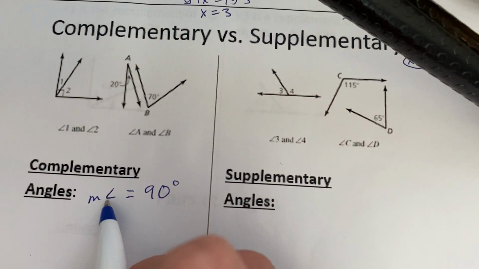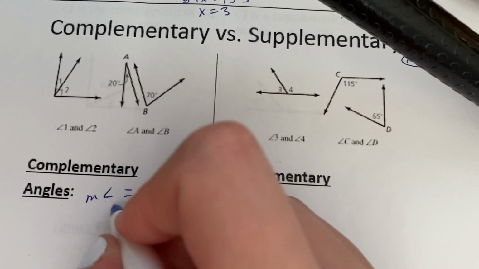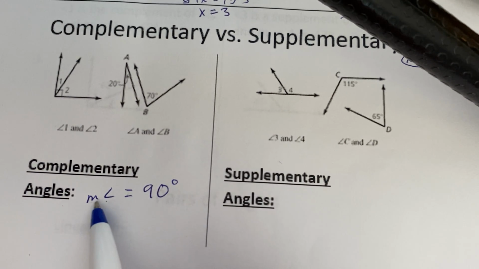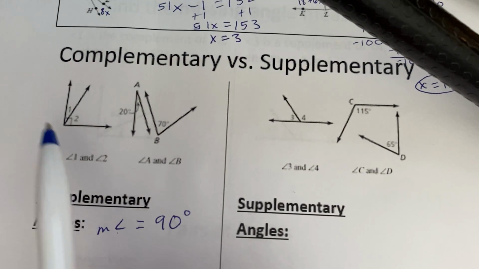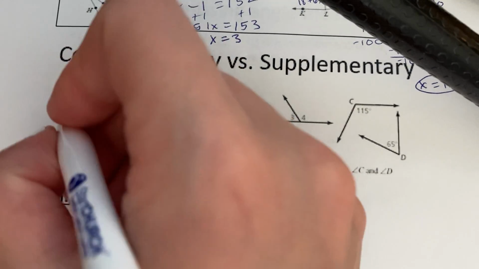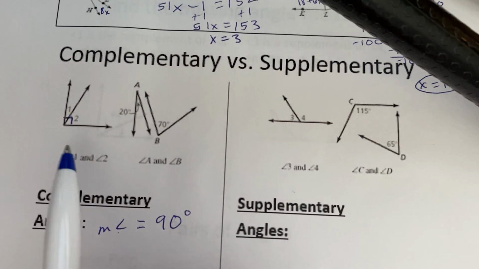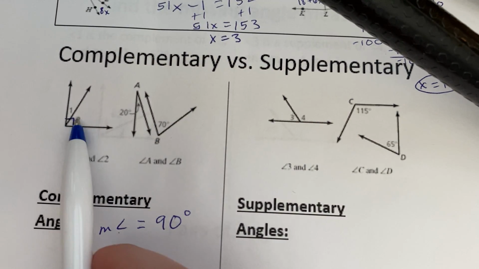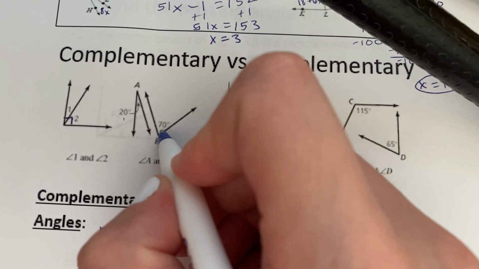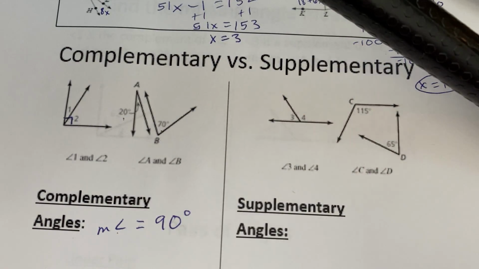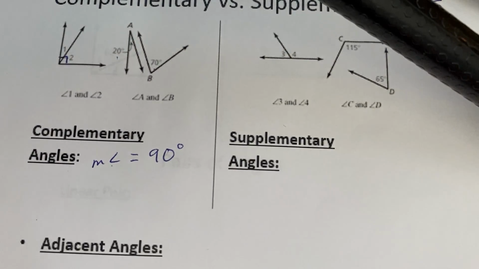This is just the measure of an angle, and then you fill in whatever letter. We use this M to represent the measure of angles. So for example, 1 and 2 are considered complementary angles because they have this little square right here. If you add 20 and 70 together, you should get 90. So it's just any angles that are equal to 90 degrees.